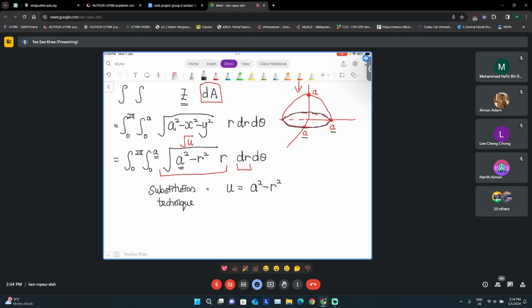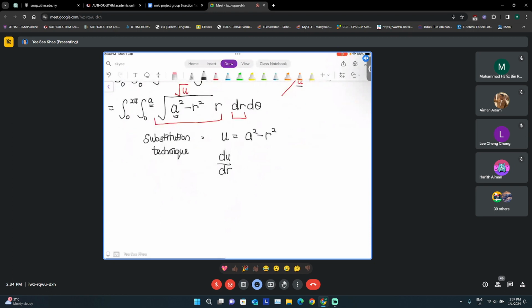In order to do this, I have to find du dr, which equals negative 2r. So dr would be du over negative 2r. Just change their positions.